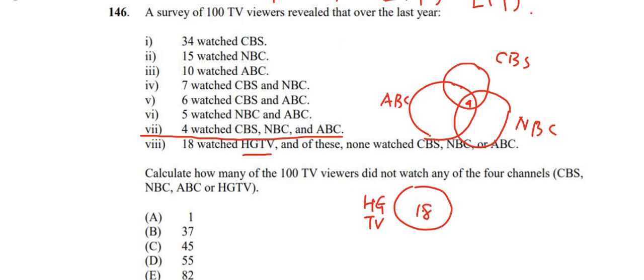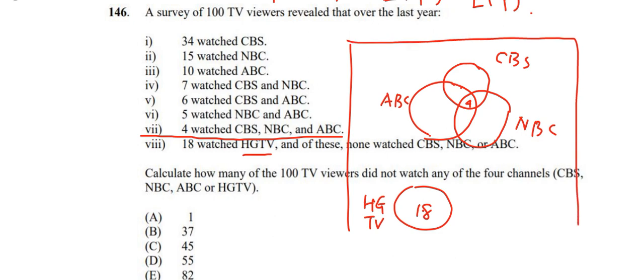Then we check outside, those who do not watch any TV. So we use the Venn diagram, put those numbers in, and find the answer: not watching any of these 4, so we just find the outside.